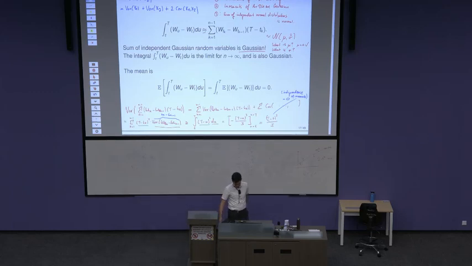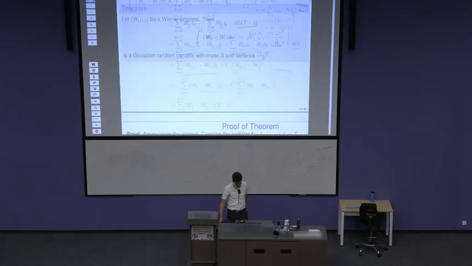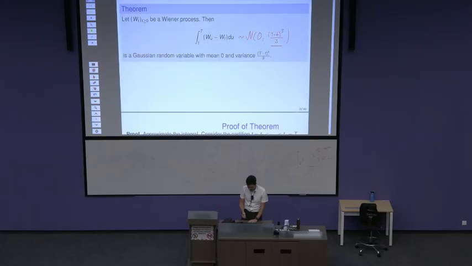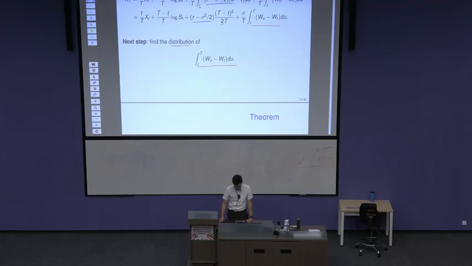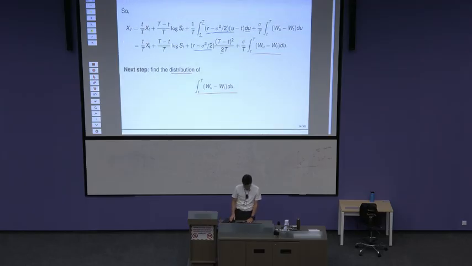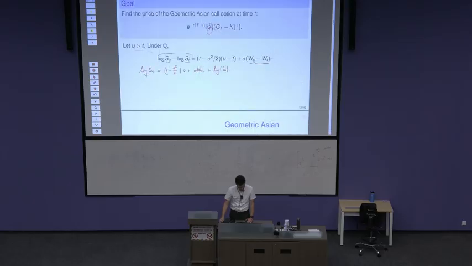So what we just did was actually to compute not the integral directly, right? But what we did was to determine the distribution of this object. Again, just to make sure that we all know where we are: what we actually want to do is to compute this expected value.